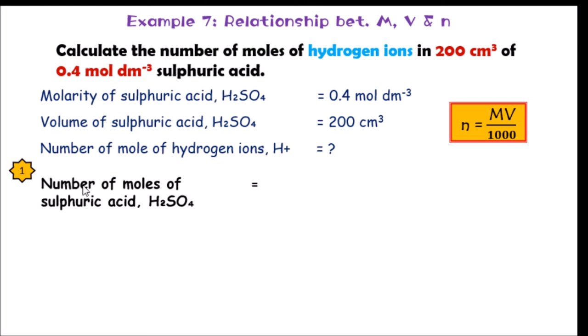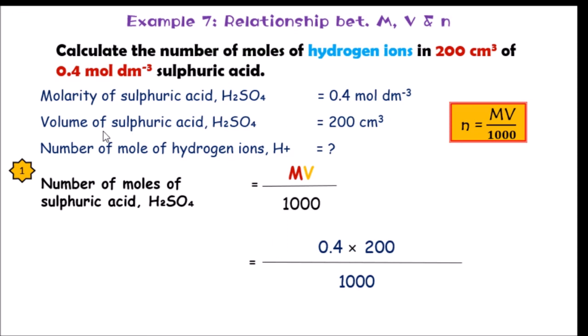Okay, number of moles of sulfuric acid is equal to mv over 1000. So, molarity is 0.4. Volume is 200 and divide by 1000. You will get the answer for the number of mole of sulfuric acid is 0.08 mole.